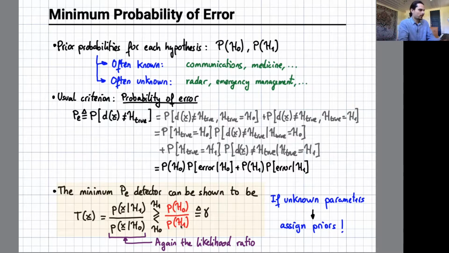Or if the test is, let's say, composite, then one can assign priors to the unknown parameters following the philosophy in Bayesian estimation as well. So this is just a very quick introduction to minimum probability of error detectors.